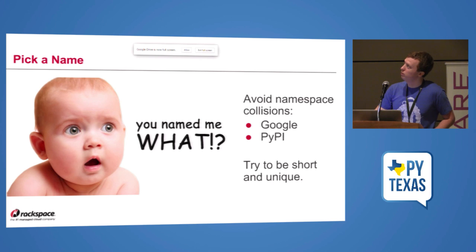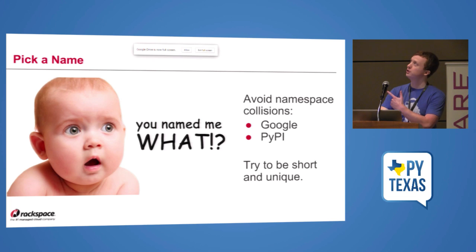So you decided to create a project. You should pick a name for it. You should try to avoid namespace collisions with other projects. A good way to do that is to Google the name that you're trying to pick.